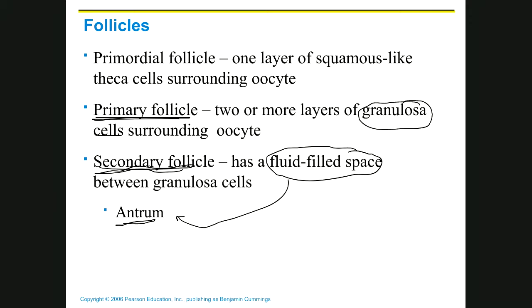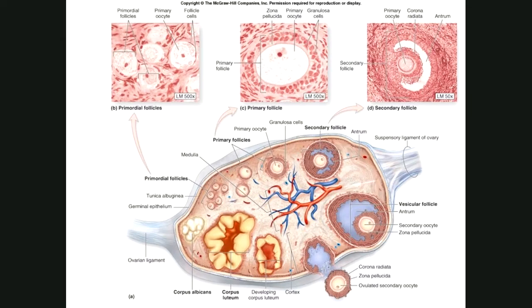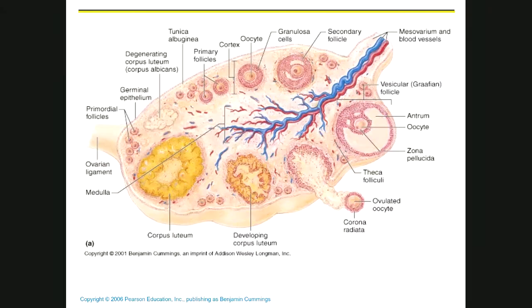So look, if we look at it, there's primordial, there's primary, and look, there's our hollow space right there. Here's our little hollow spaces right here. So that's a secondary follicle. And then it's going to get even bigger.